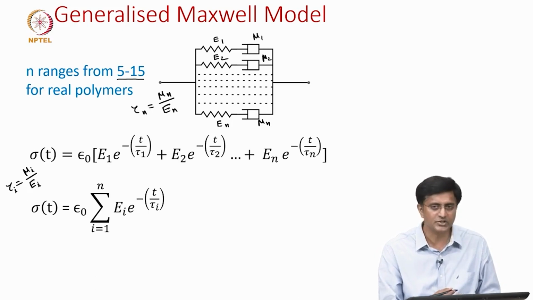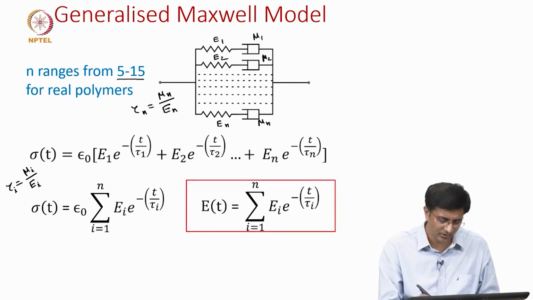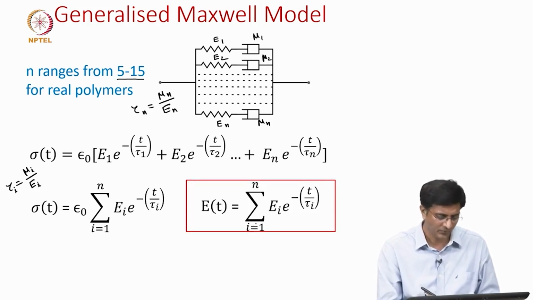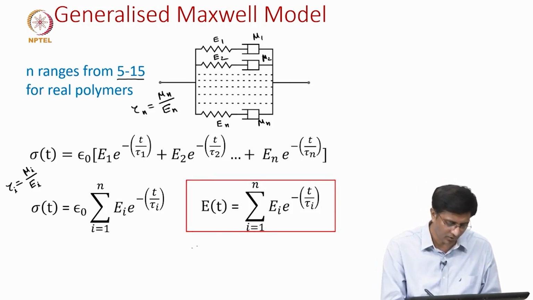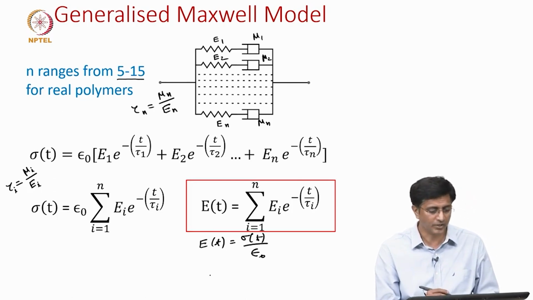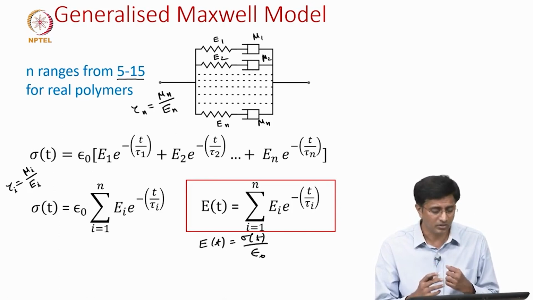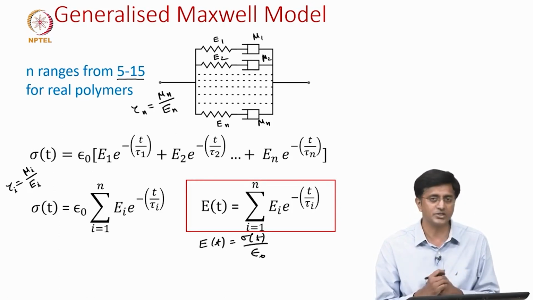From this stress response, we should be able to write the relaxation modulus as E of t times the summation. We simply remove this epsilon naught because E of t is simply sigma t by epsilon naught. Now let us try to get some physical meaning of how this responds.